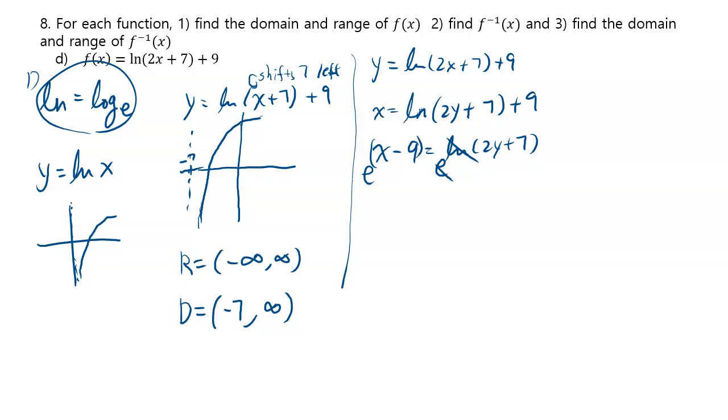So you have to see how they are done. Okay. So we have this, and then subtract 7 from both sides. And then you divide by 2 on both sides. So you get y as e to the x minus 9, minus 7, over 2. That is your f inverse function.